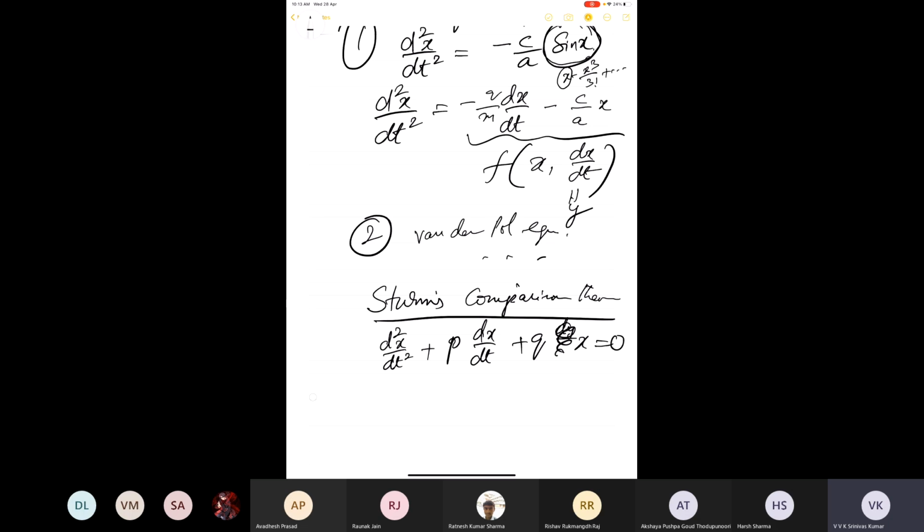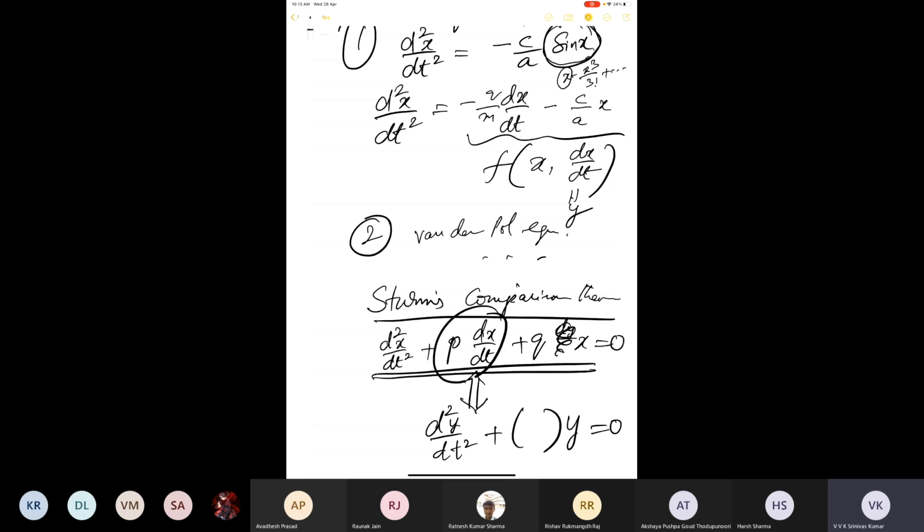Here we will first do the equivalent thing: instead of having all three terms, we can ignore this term. We can have something like d square y upon dt square plus some other term times y is equal to 0. This is called normal form.